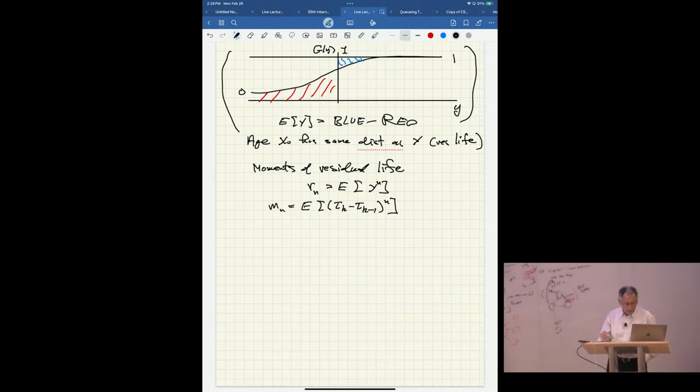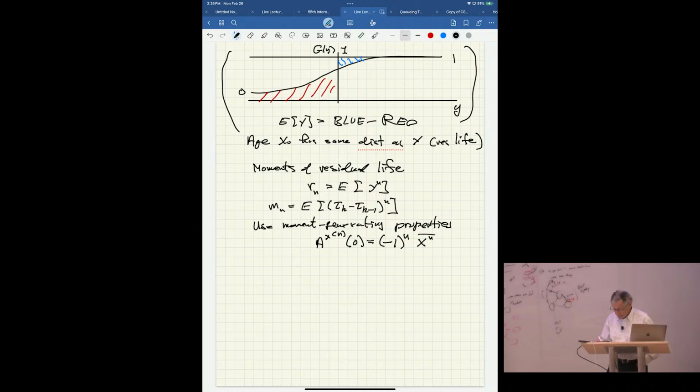Now, if we use the moment generating properties of our transforms, we remember, or should remember, that A star of s differentiated n times, at the value 0, is equal to minus 1 to the n times the nth moment of whatever A star is for.